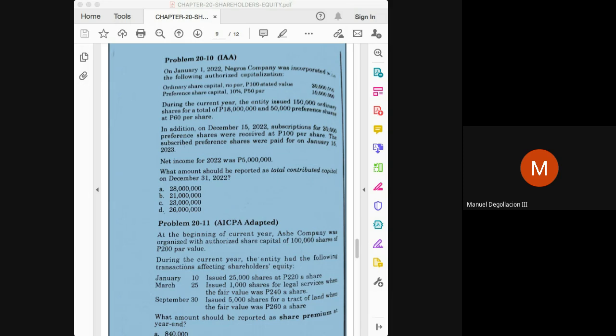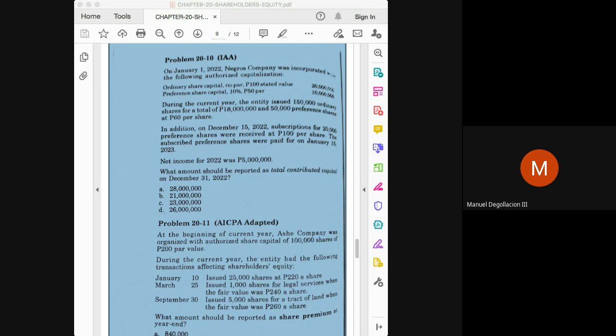Okay, so your total contributed capital will be composed of your share capital, the par value of your shares, the share premium, the excess of the price of the shares over their par value, which is understandable because after all, the reason you have share premium is because the shareholders paid for the shares in an amount greater than its par value.